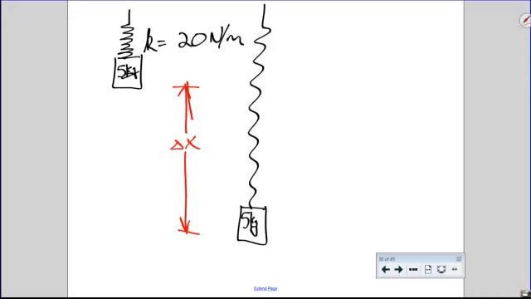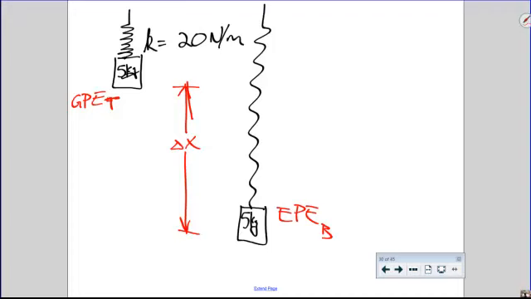So the idea is at this first point, all of my energy is gravitational potential energy. The velocity is 0, so it's not moving, and the spring isn't stretched. So we'll call this the top. Now, over here, we're looking at all elastic potential energy, so we'll call this the bottom. At that point, our kinetic energy is 0.